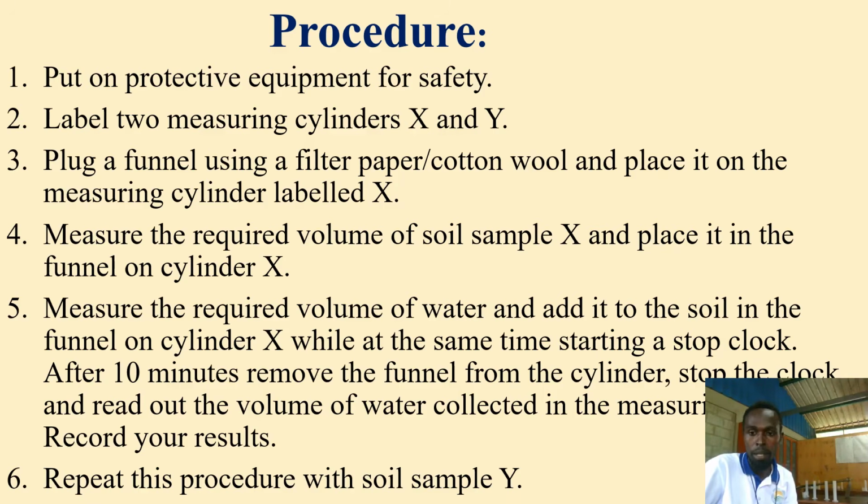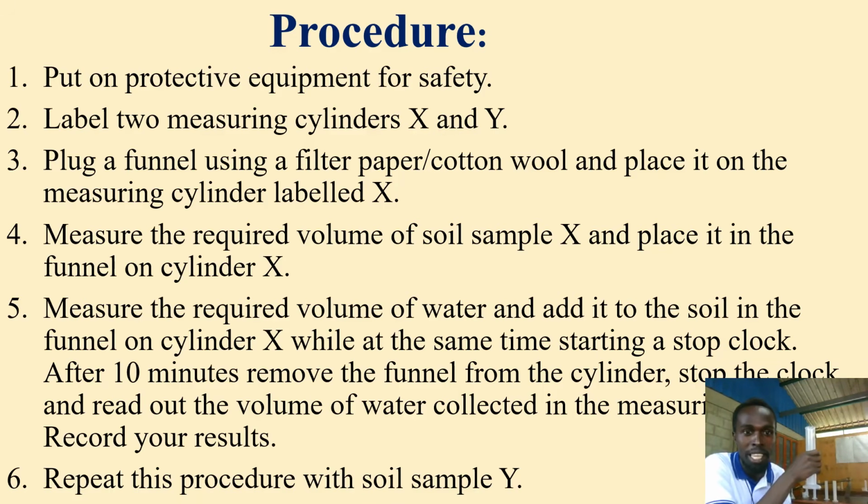And the materials are here. Let's have the measuring cylinder. Let people know the measuring cylinder. Yes, we are going to measure. We are going to label this measuring cylinder according to the samples provided in the test item.